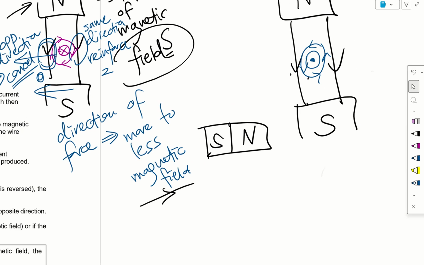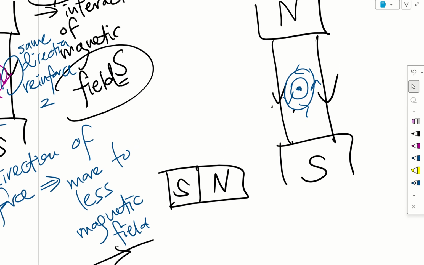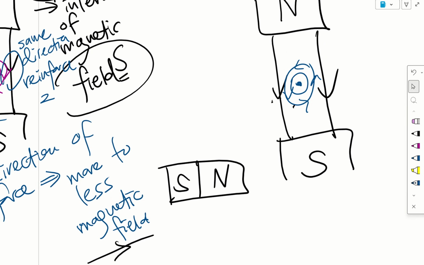We see that there is more than one magnetic field. One is the black one, and the other one is the blue one. Due to the interaction of the magnetic fields, there will be a force exerted.